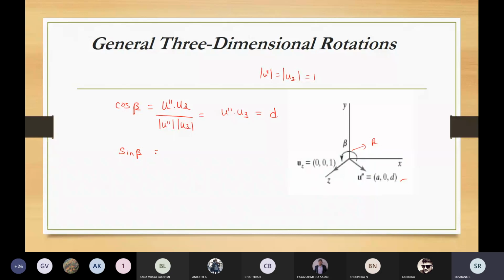Similarly, how we got sine beta: the u dash cross uz, the same formula.